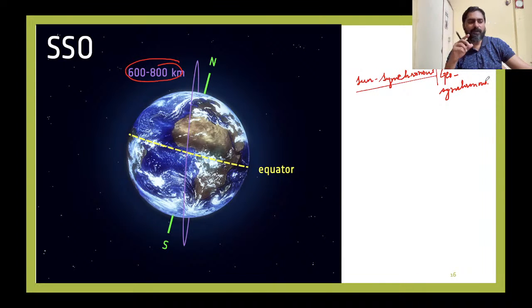So here, take the example of a satellite above Delhi. If you place a satellite above Delhi in geostationary orbit, it will always appear to be above Delhi. But if you place a satellite in sun synchronous orbit, and let us say it appears above Delhi at 8 a.m. in the morning, then it will always appear at 8 a.m. in the morning only and at no other time.